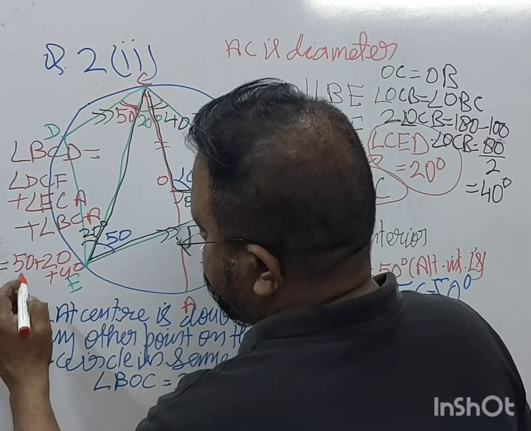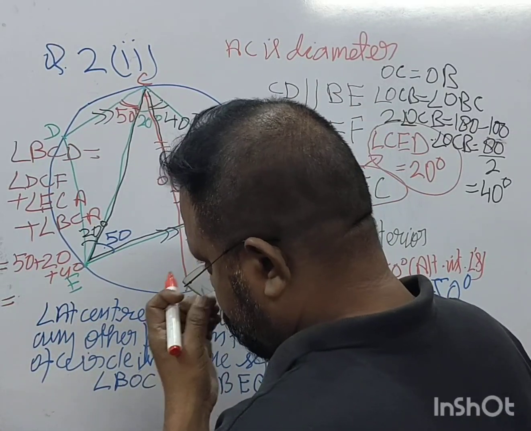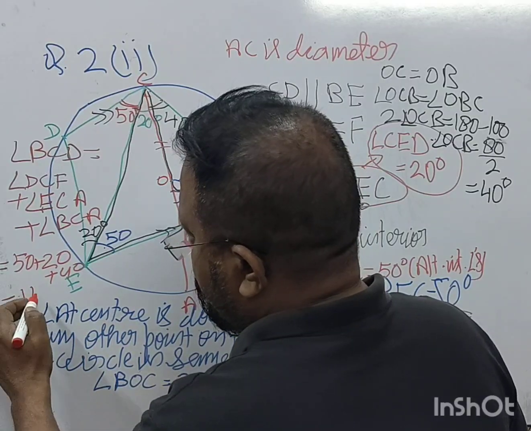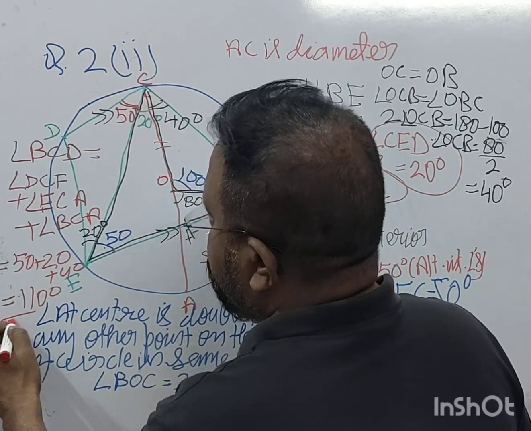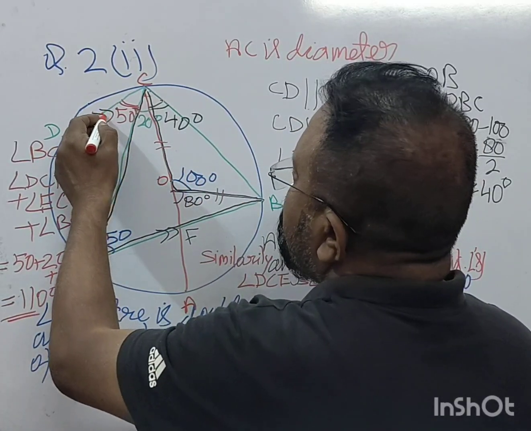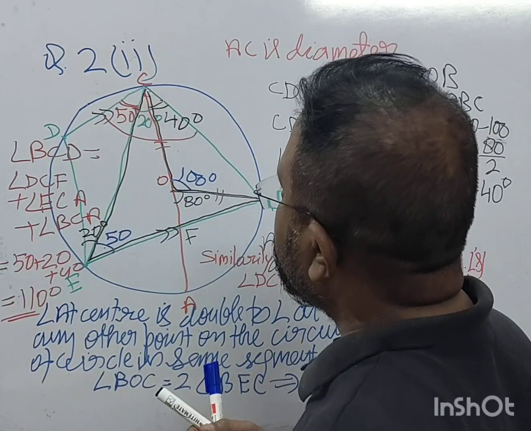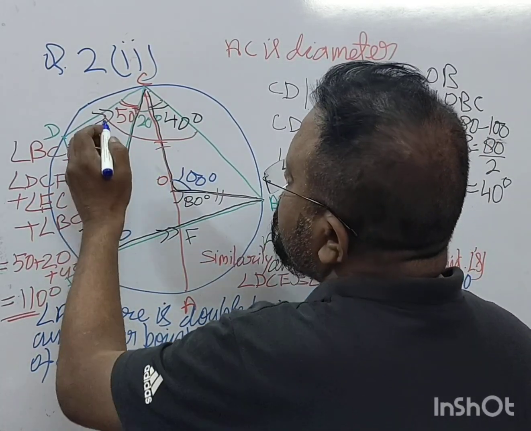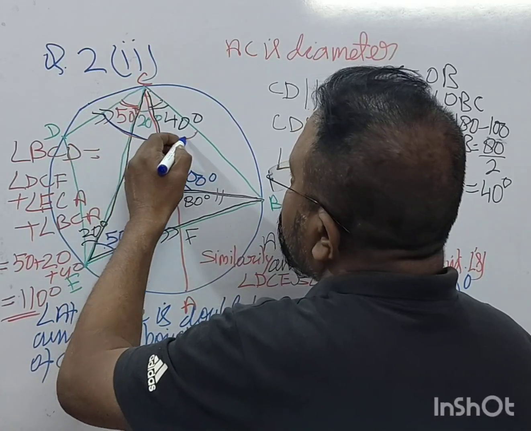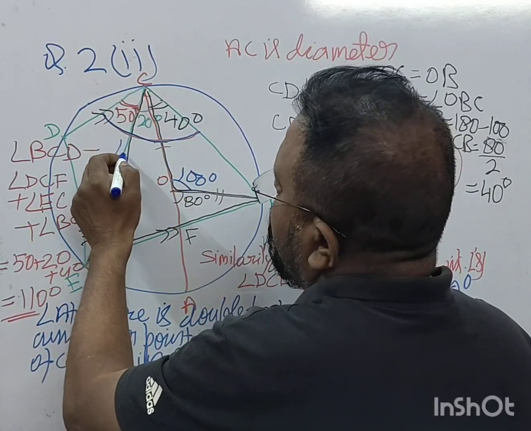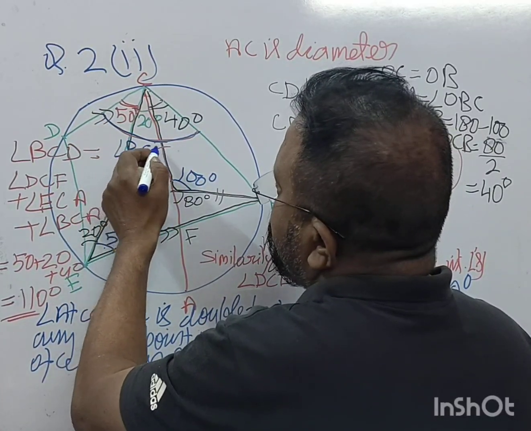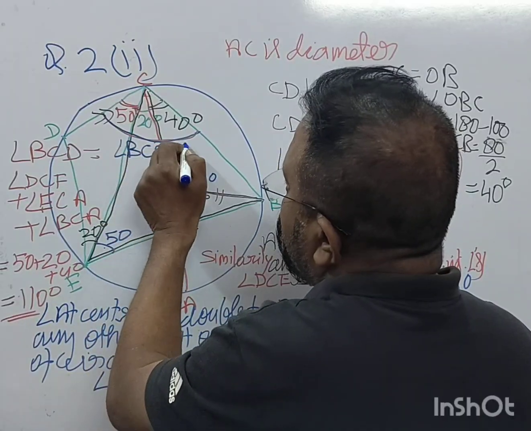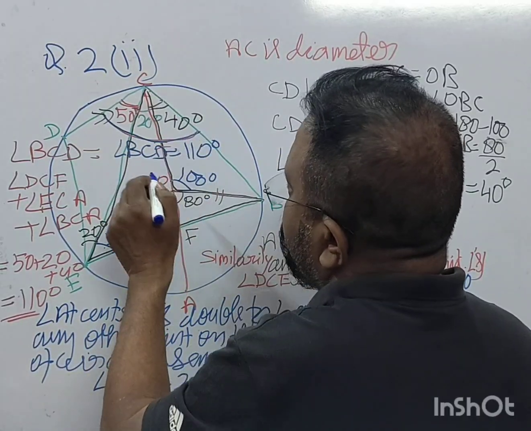How much? 110 degrees. So this total angle BCD, angle BCD is equal to 110 degrees.